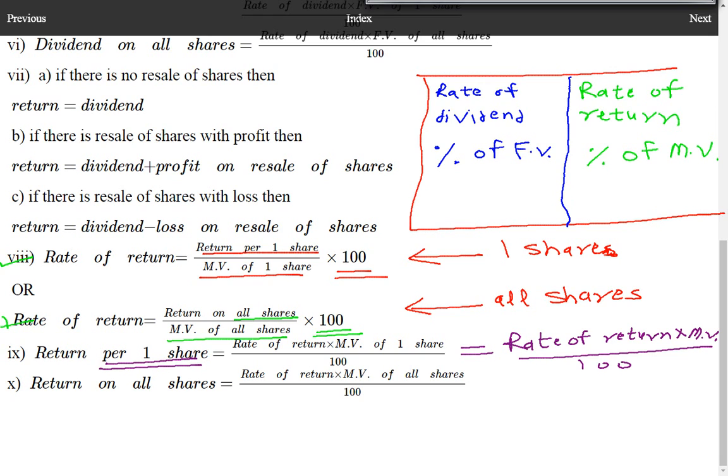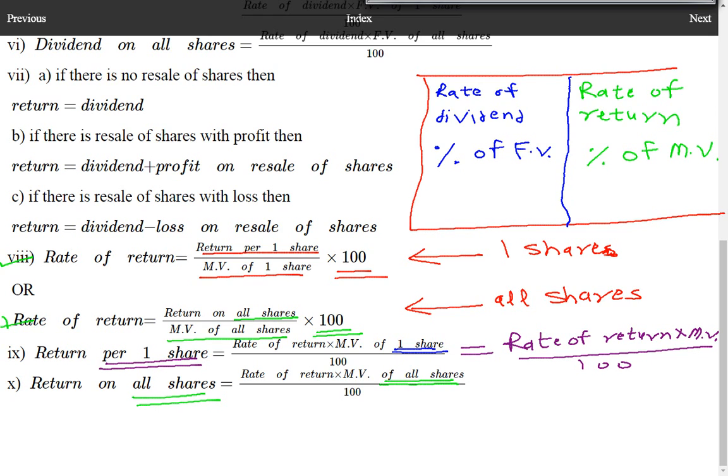Again we will have two formulae based on whether we consider one share or whether we consider all shares. So in first case, formula is return per one share is equal to rate of return into market value of one share upon 100. And in second case, the formula is return on all shares is equal to rate of return into market value of all shares upon 100.